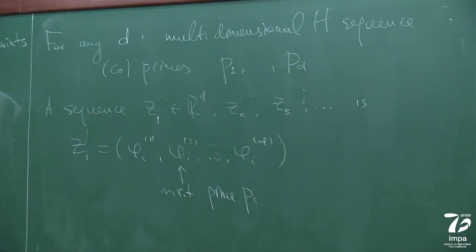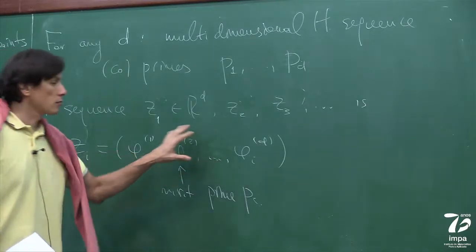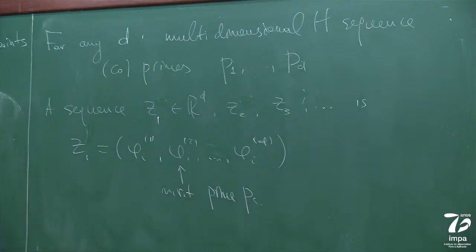So you just do the same but different for each coordinate, and since primes are different, it gives this mixing effect in the dimension.